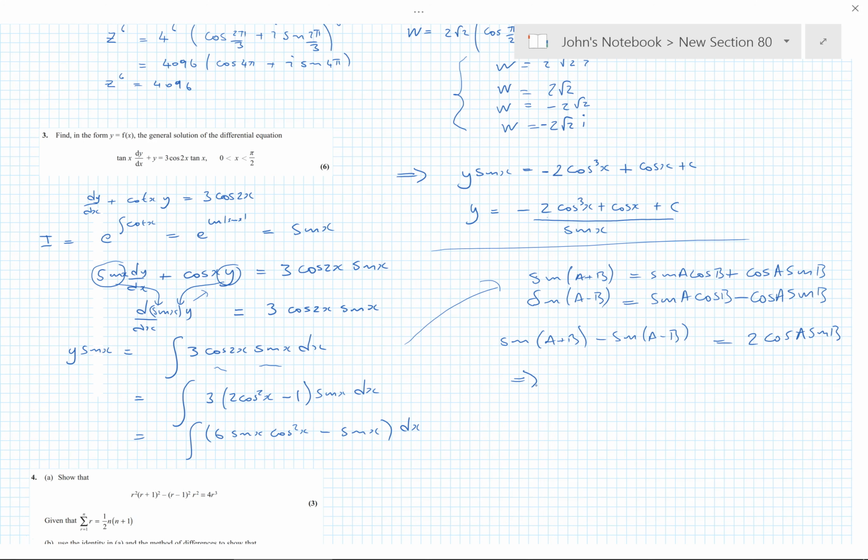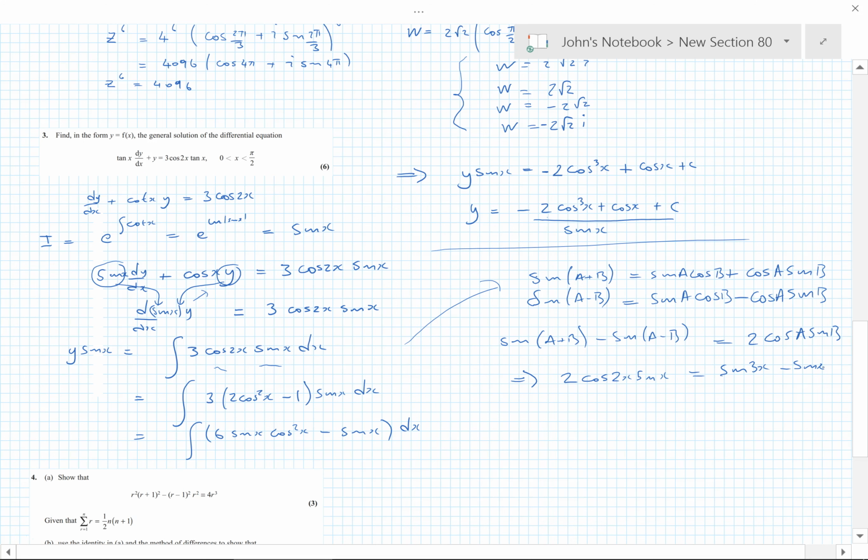that means that 2 cos 2x sine x is equal to sine 3x minus sine x.